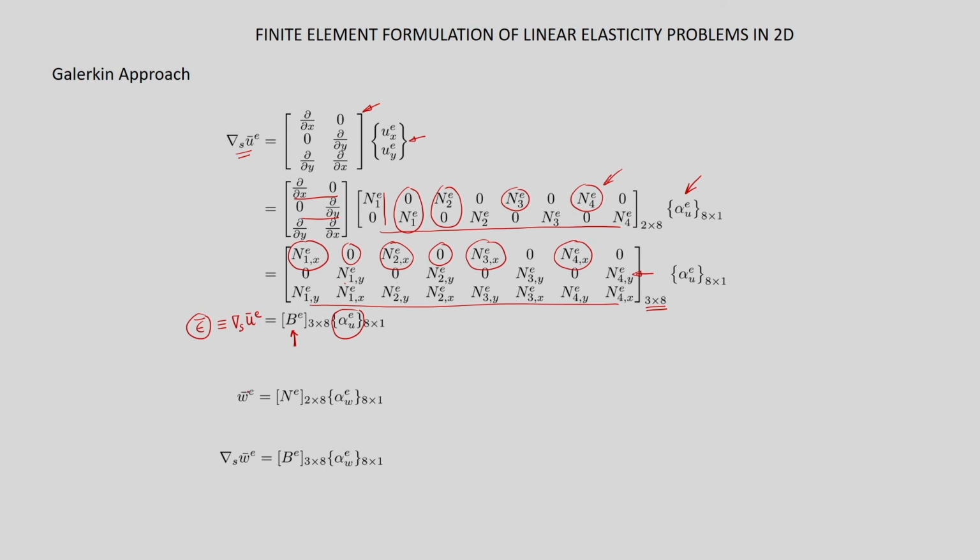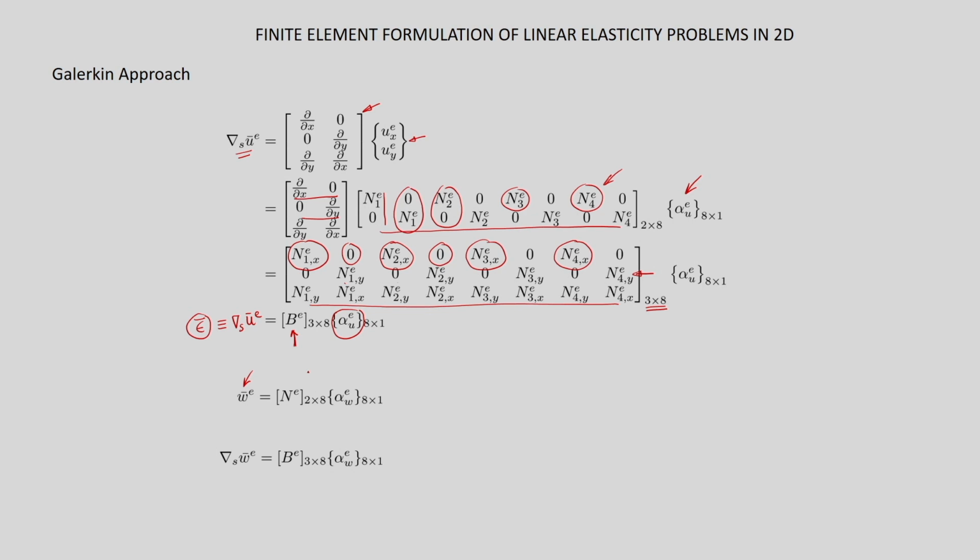Then we have to represent W, that is the weight function. Now, in the Galerkin approach we said that we will be using the same set of shape functions to represent W that we have used to represent U. So, similarly, we will follow the same shape function matrix N that we have used to represent U, only that the corresponding nodal coefficients we represent as alpha W instead of alpha U, alright.